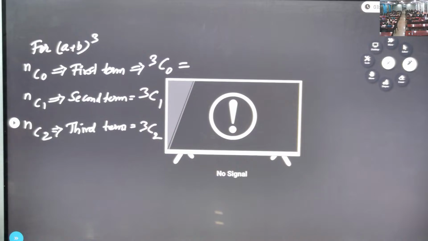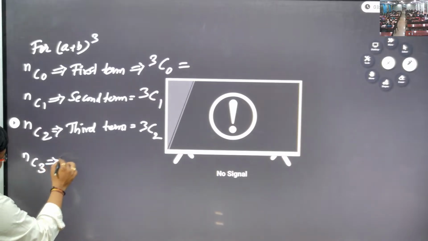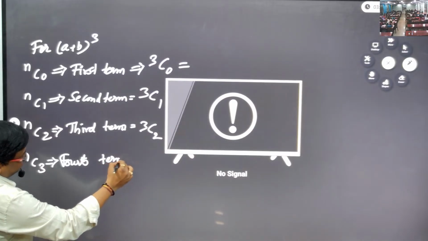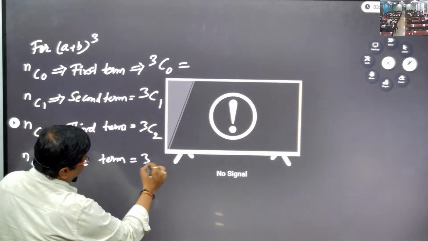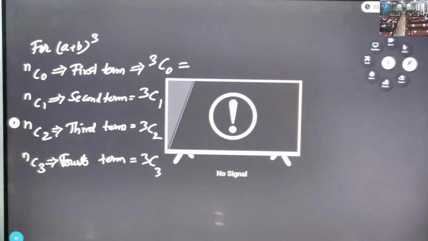Next, for nC3, which is the fourth term, that is 3C3. Calculate the value and give it. The value will be 1.